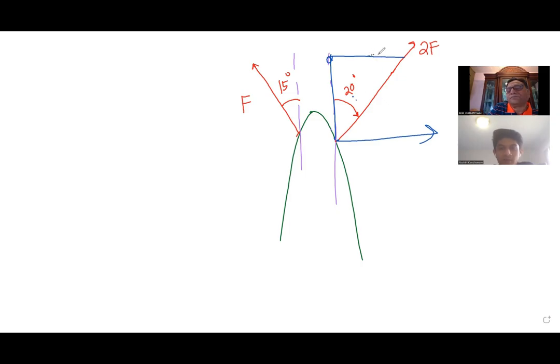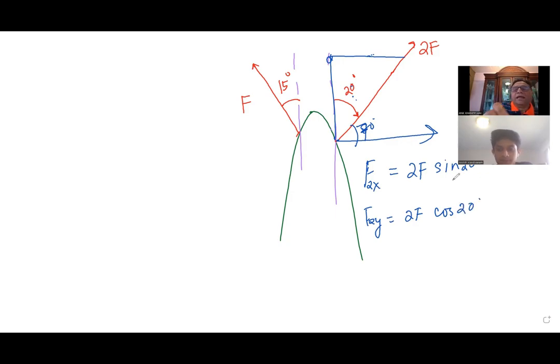So the x component of the second force will be 2F sin 20 degrees, correct? And the y component will be 2F cos 20 degrees, correct?